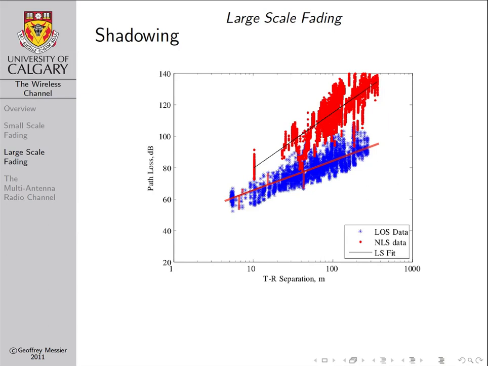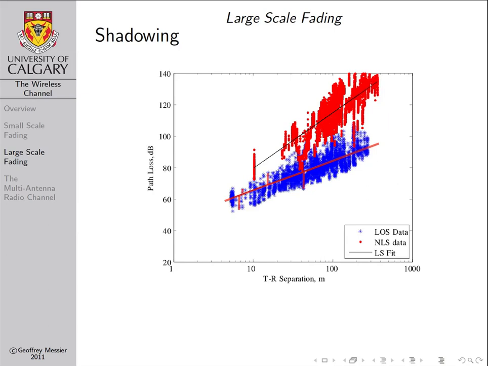When you convert that back to the linear domain, the shadowing distribution follows the log normal distribution.